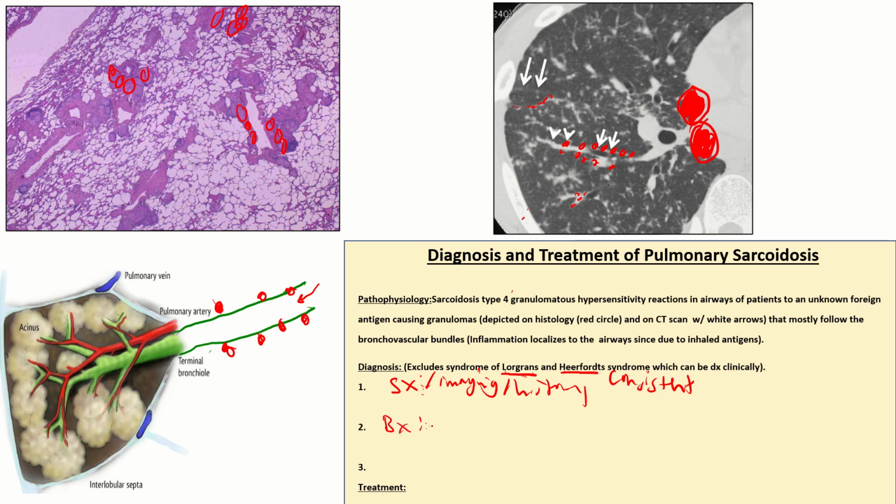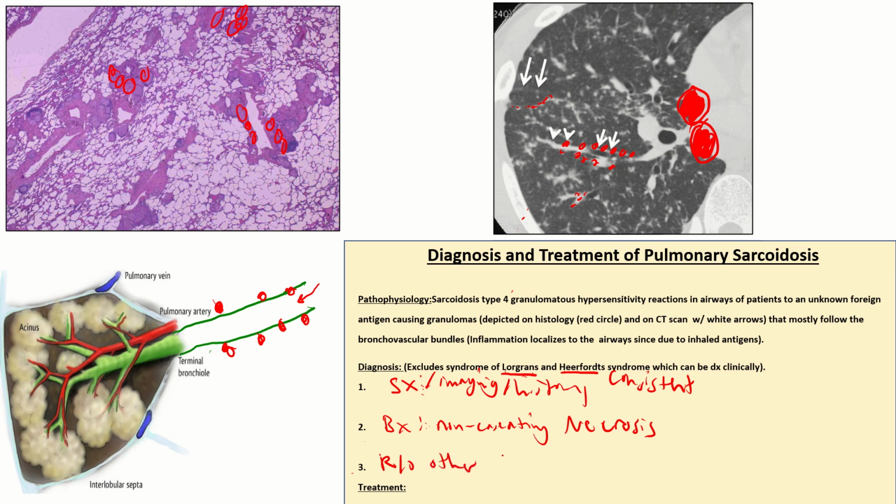And remember, the biopsy reflects the Th1 response to antigens, which really should be non-caseating, so there's non-caseating necrosis, though I think sometimes it can be caseating, especially in really severe liver sarcoidosis, but I had to look that up, so don't trust me on that one. And then lastly, probably the biggest is ruling out other disorders, right?